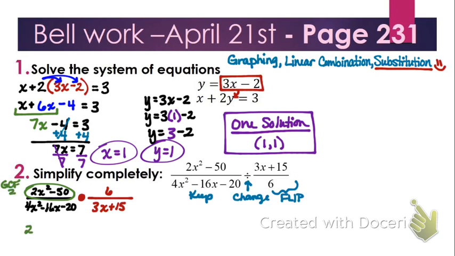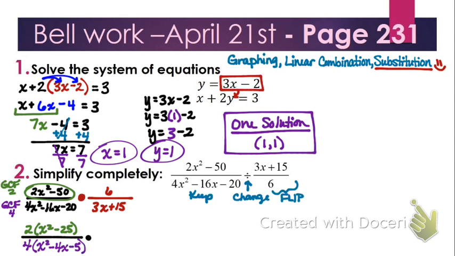So I'd have 2, and then what I have left over is x squared minus 25. Does the first denominator have a GCF? 4. So I'm going to bring that out to the front. That would leave me with x squared minus 4x minus 5.